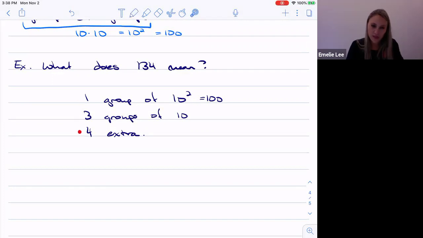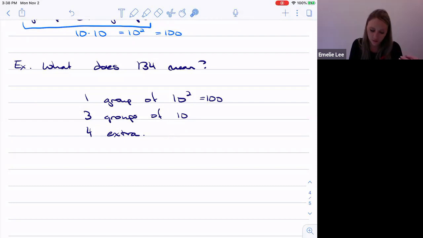We can use this to write this out in expanded form. Okay, so expanded form emphasizes that 10 is our base, so 10 to the power of 2, and then 10, and then the extra is really just 4 times 10 to the power of 0. Remembering anything to the power of 0 is just 1, right?